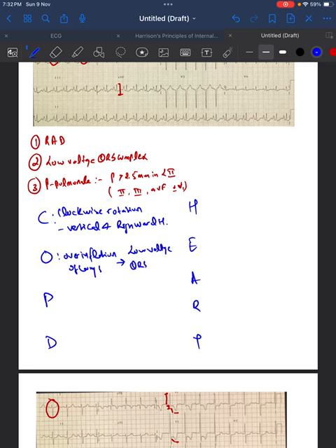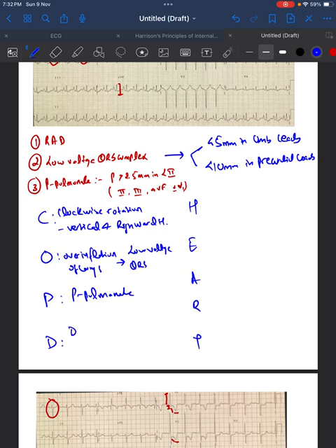Low voltage QRS complexes are defined as less than 5 mm in limb leads and less than 10 mm in precordial leads, that are chest leads. Then P for P pulmonale, I have already defined it.